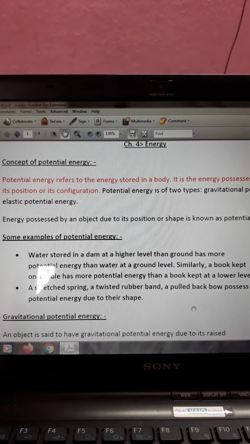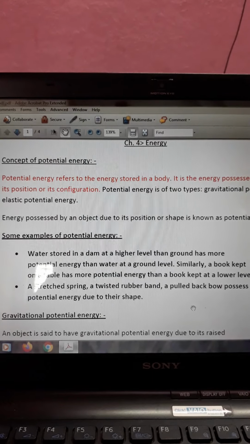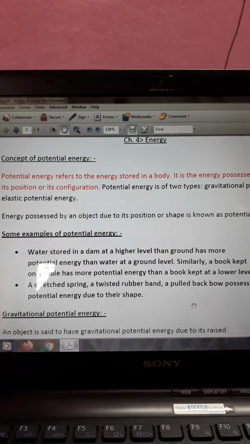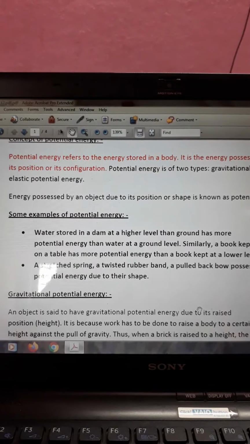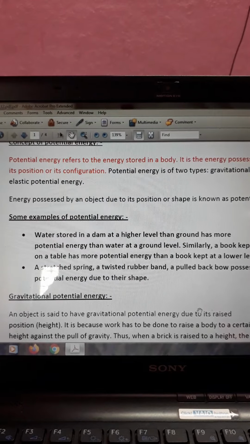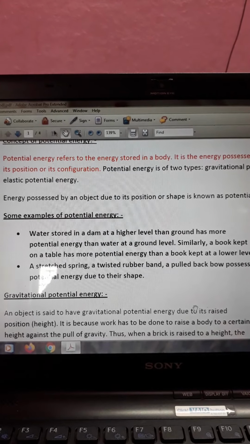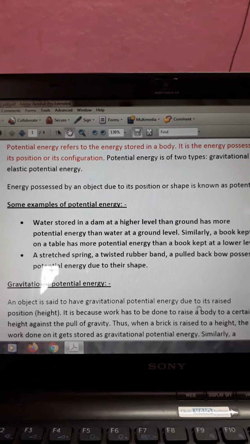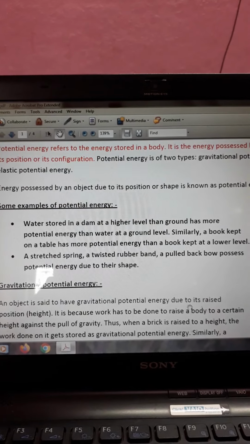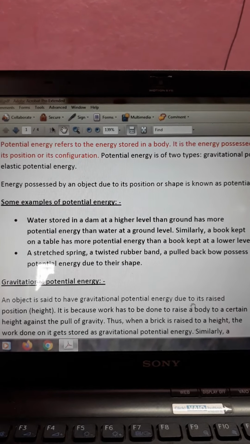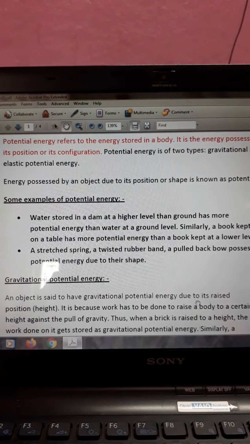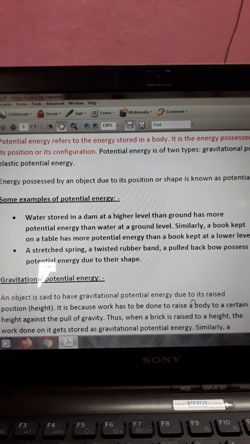So now I will cover gravitational potential energy. At first we have to know what gravitational potential energy is. An object is said to have gravitational potential energy due to its raised position or height. It is because work has to be done to raise a body to a certain height against the pull of gravity.